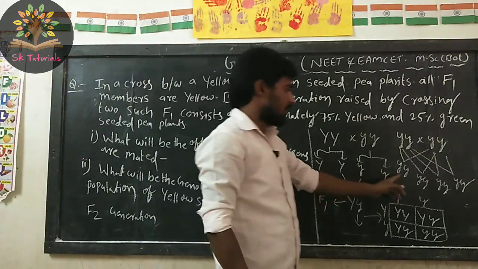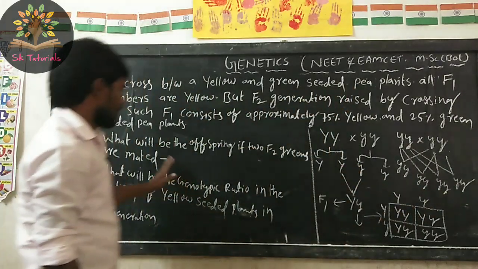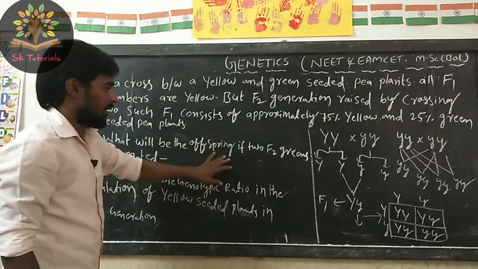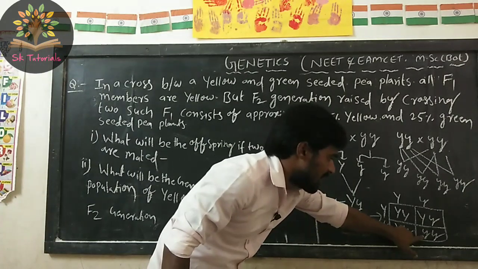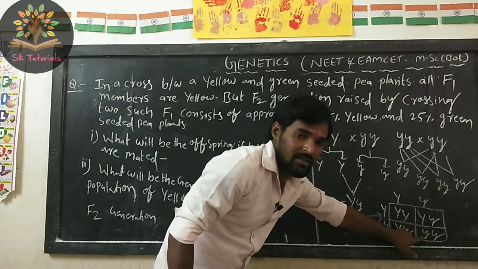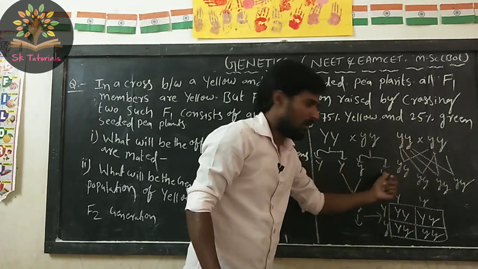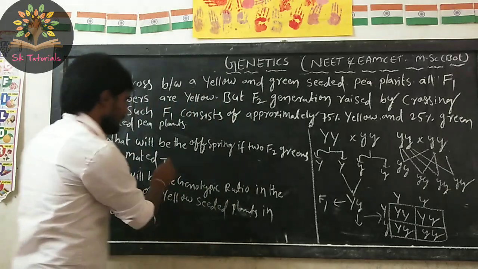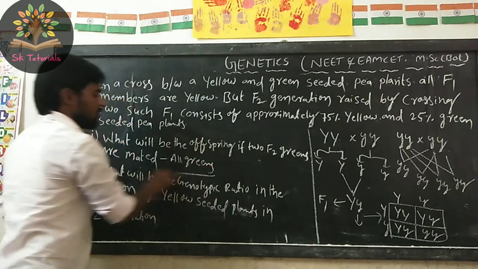This is a green, this is a green, this is a green, this is a green. As per the question, what will be the offspring if 2 F2 greens are mated? F2 greens means these greens. Okay. If mated, if crossed, what happens? All green plants will be produced. The answer is all green plants.